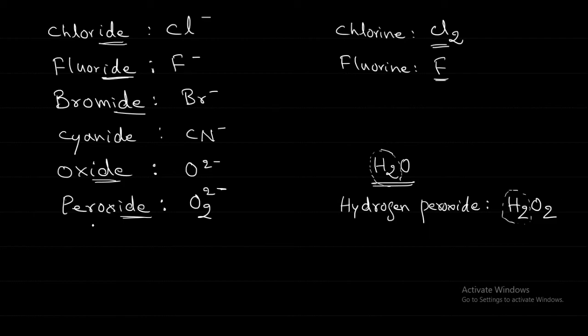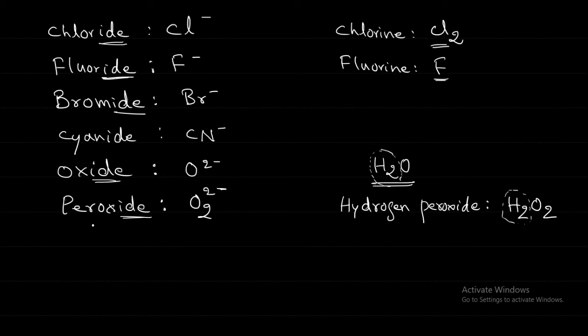When we say it is an organic compound, that means it will have carbon. Carbon-containing compounds are organic compounds. Inorganic compounds do not have carbon. They don't have carbon. Okay, they are the inorganic compounds.